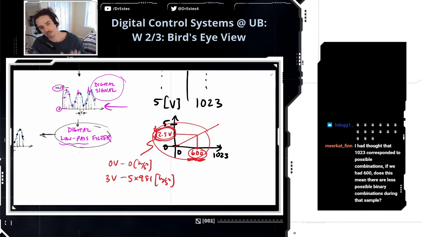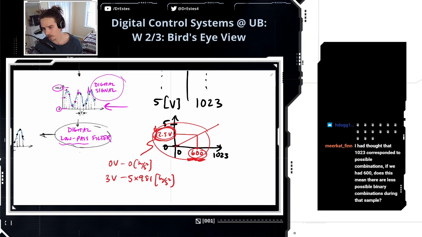Now, the reason that this accelerometer only hits a number like 600 is because this sensor only receives and outputs up to 3 volts. So actually, just a consequence of this sensor being a lower voltage sensor, I guess you could say that the resolution is poorer.